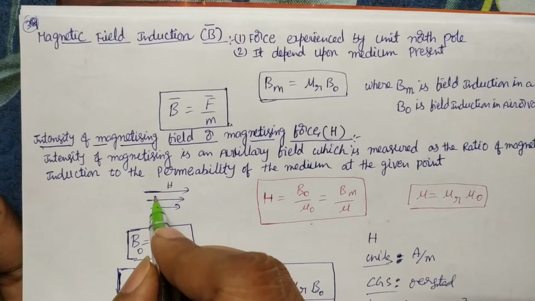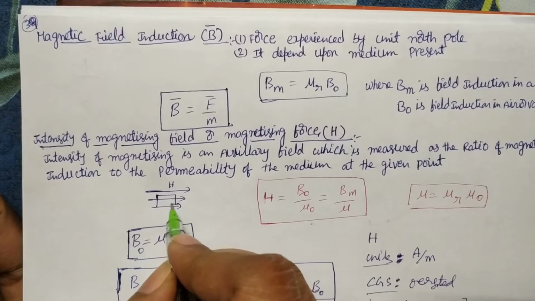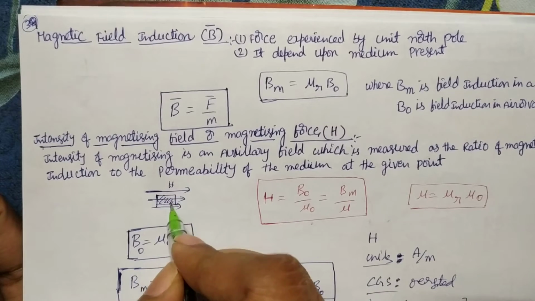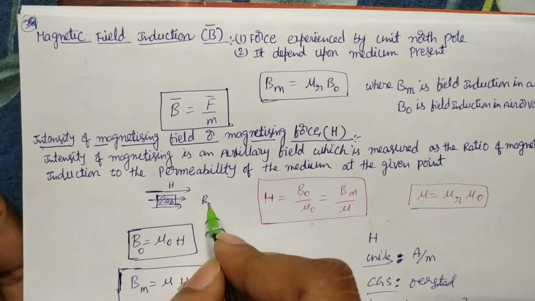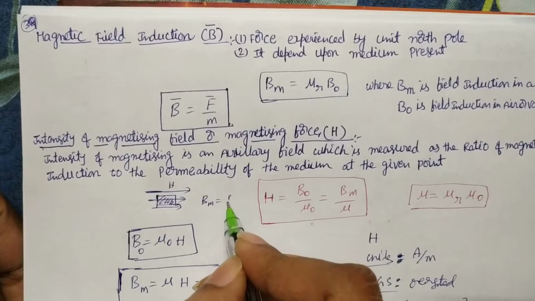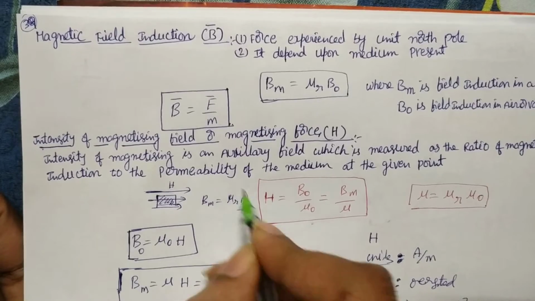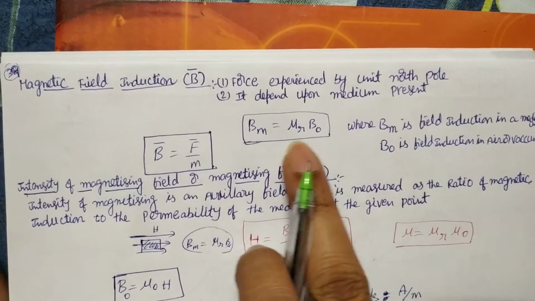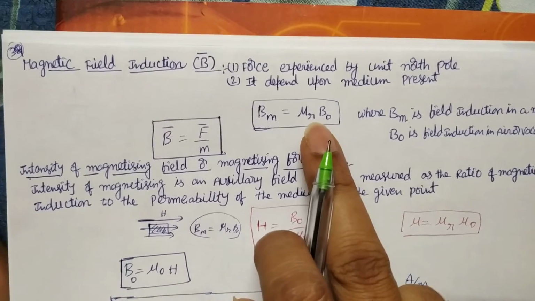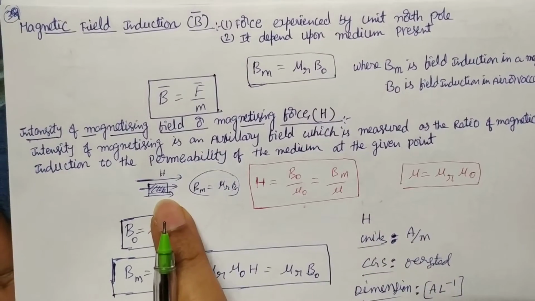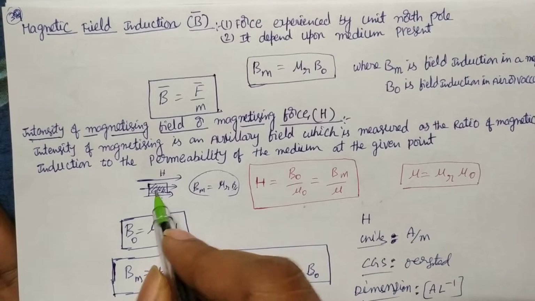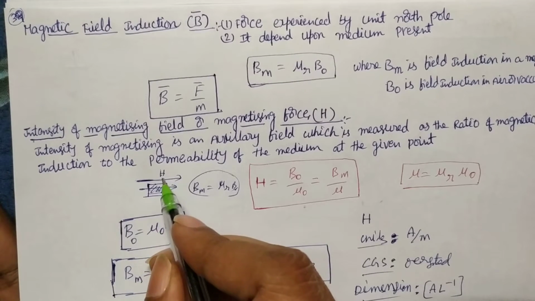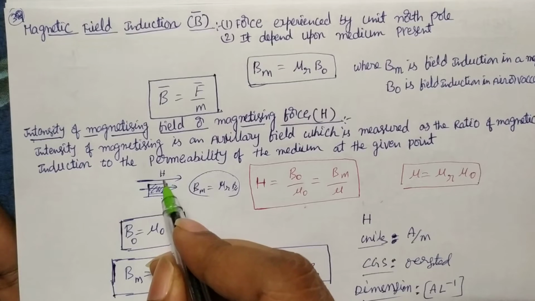Suppose you introduce an iron bar or a ferromagnetic substance, B is going to increase. Bm is equal to mu r into B naught, already we have this equation here. B is changing, but H is the same. H is not changing. H remains constant. Even if you introduce the medium or remove the medium, the magnetizing force remains constant.